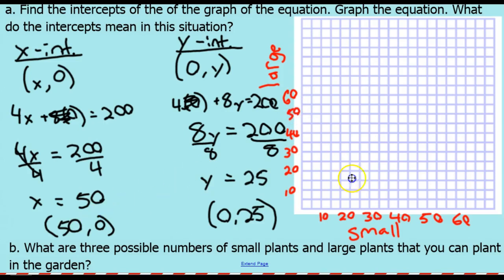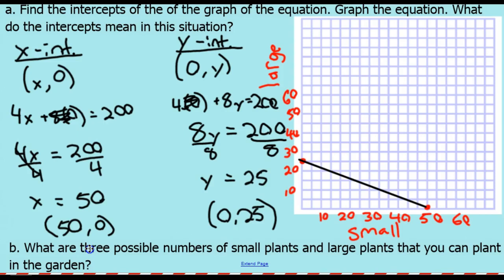So our x-intercept is at 50, 0, and our y-intercept is at 0, 25. So our line then goes like that.